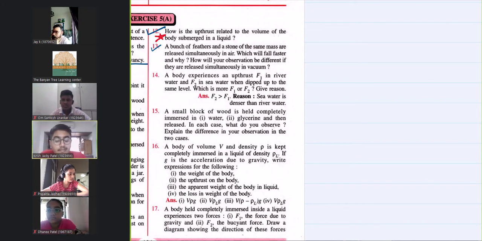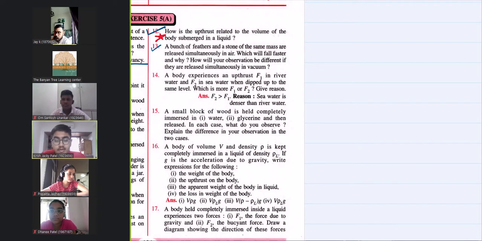No, the stone will fall faster because the upthrust acting on it due to the air is higher. The weight of the stone is much more than the feathers, so the upthrust acting on the stone and the upthrust acting on the bunch of feathers is different. Which is greater? The upthrust is greater in the feathers.